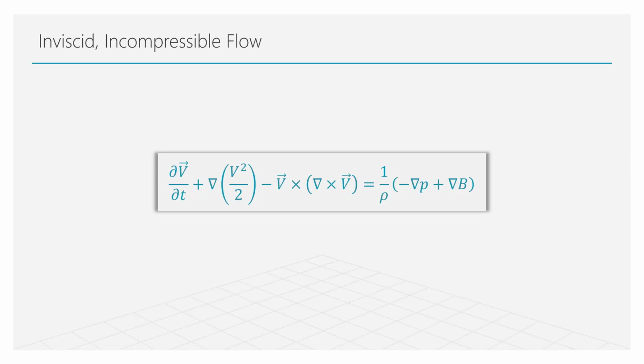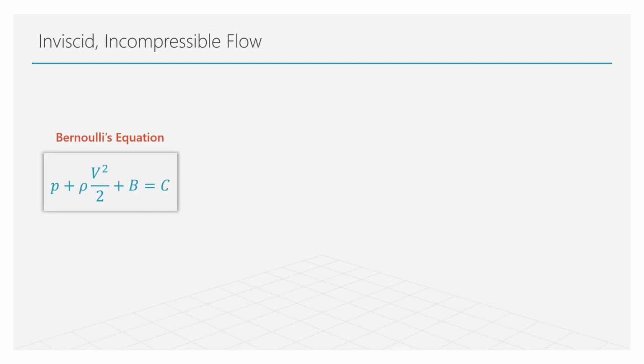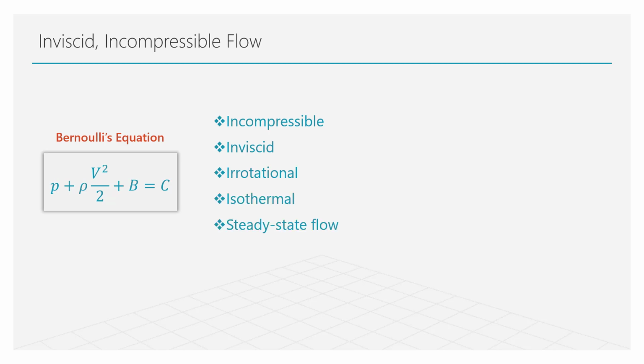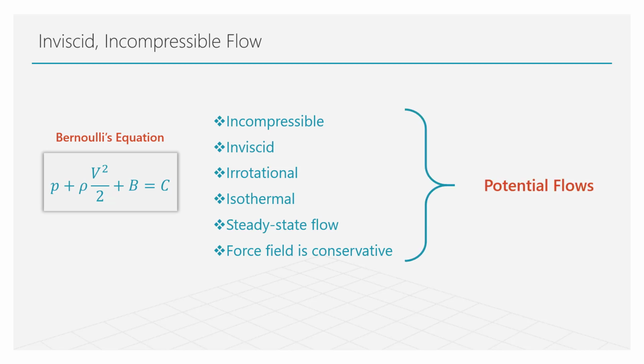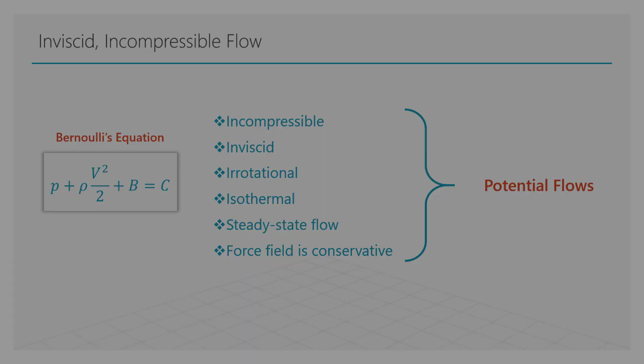We were able to reduce the momentum conservation equation to the famous Bernoulli's equation by assuming that the flow is incompressible, inviscid, irrotational, isothermal, steady state, and finally that the body forces that are being applied on the fluid particles are only due to gravity or can be neglected entirely.